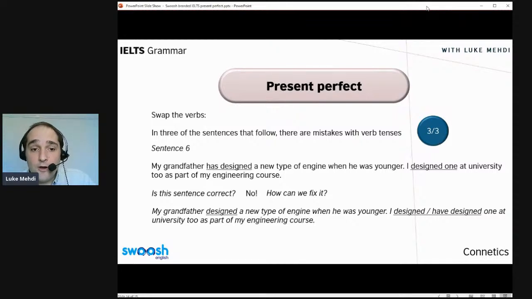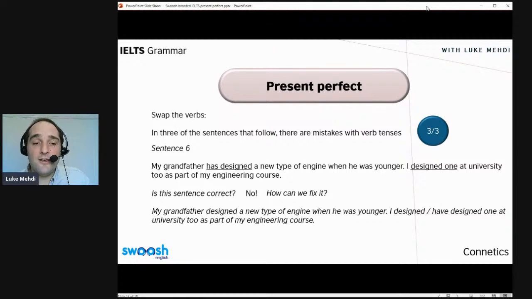So my grandfather designed a new type of engine when he was younger. Well, he's now your grandfather. Presumably he's fairly old, older than you are, certainly. So that is something that started and finished in the past. I designed or have designed one at university too as part of my engineering course. This depends on whether the engineering course is still going. Hi, Roxana. Thanks for joining us.